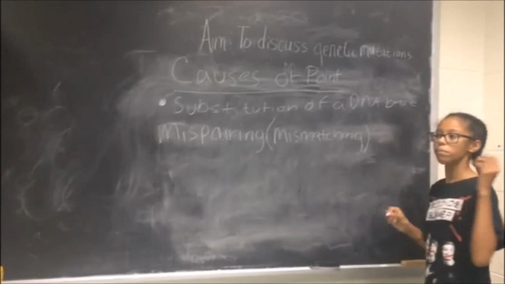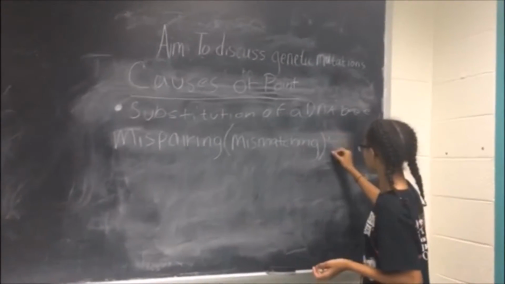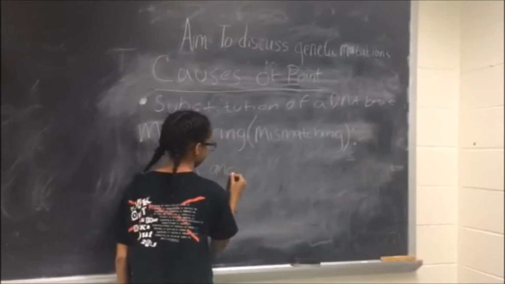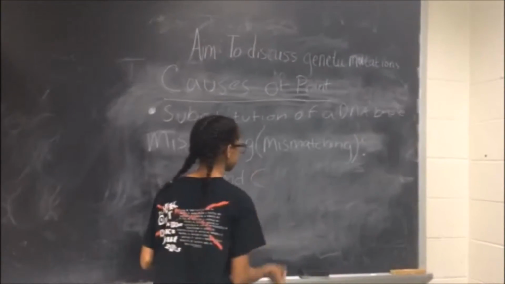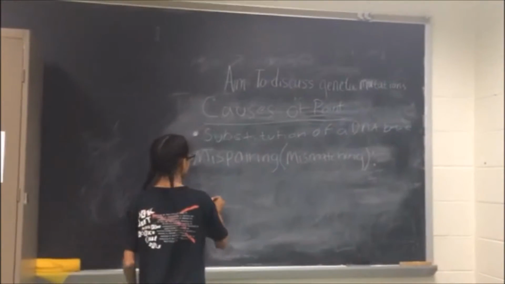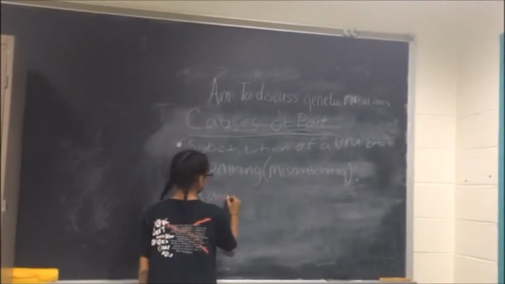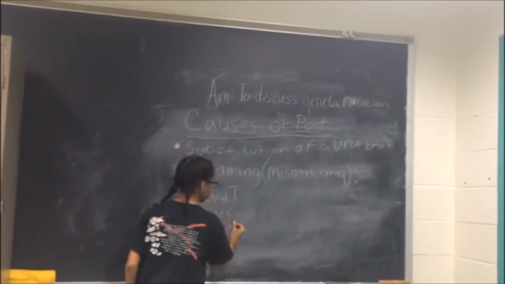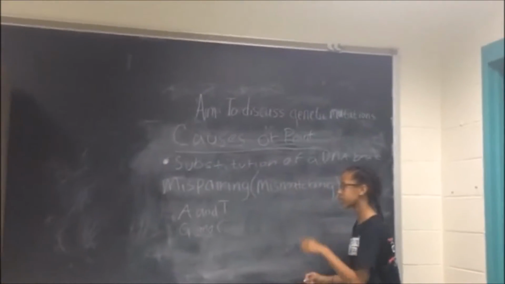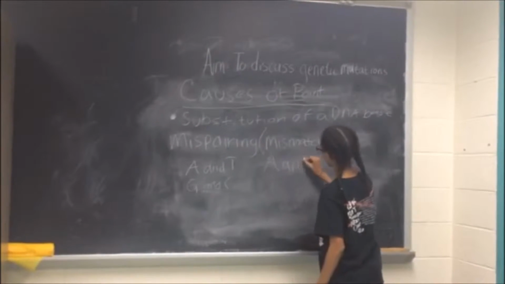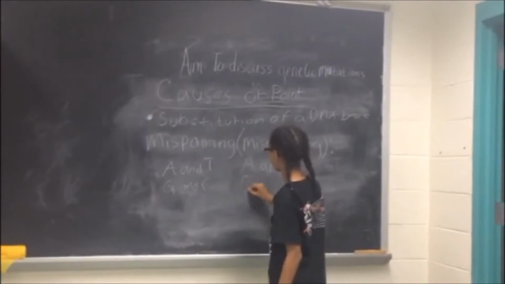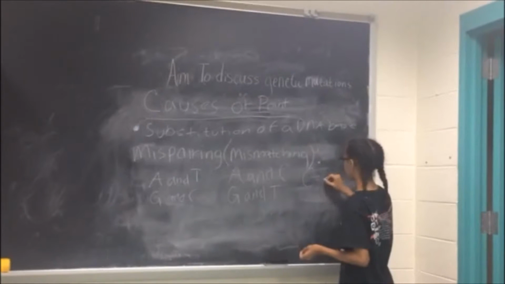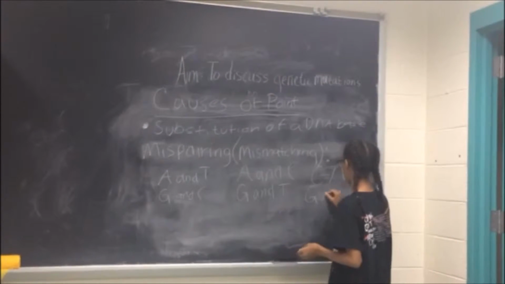Mispairing is when a purine, such as A, pairs with a pyrimidine, such as C. The correct way for bases to pair up would be A and T, or G and C. But a mispairing or mismatching would look something like A and C, or G and T. It could also be if C pairs with T and G pairs with A.